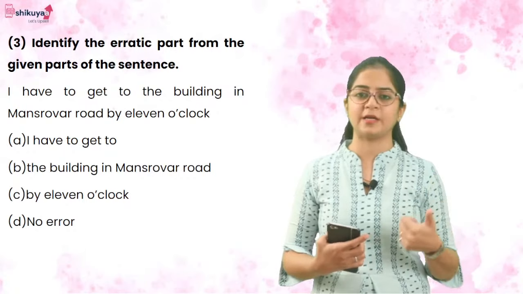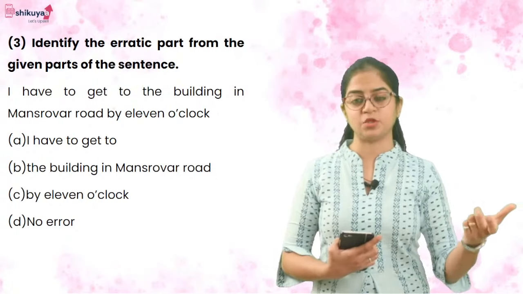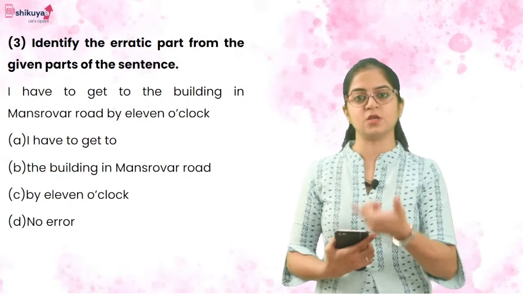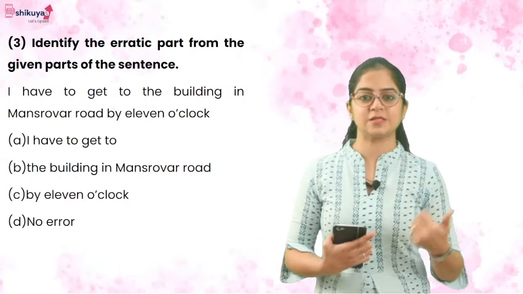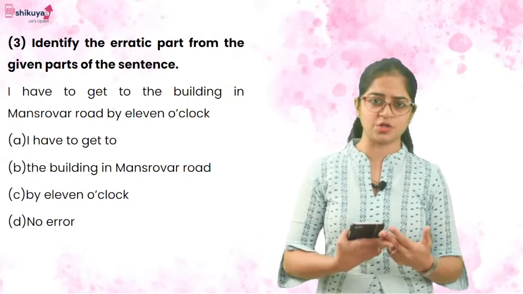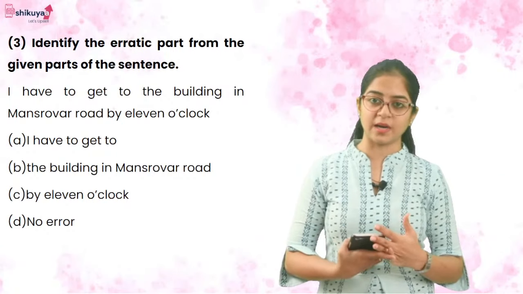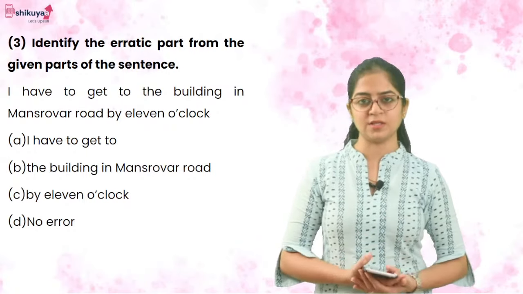It could be related to your subject verb agreement. You have to check whether the subject used in the sentence is suitable to the verbs used or not. You may find parallel structure error, pronoun error, articles related, preposition related, adverbs related. So basics you have to check within the sentence.